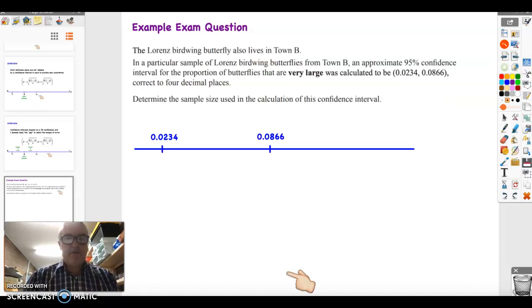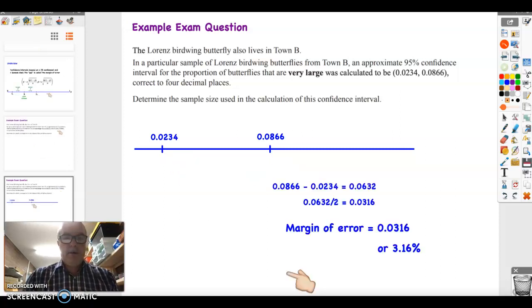I've represented that confidence interval on this number line here, our lower limit, our upper limit. If I look at the difference between those limits and halve that, that gives us the margin of error. Remember, there are two gaps between those limits and the point estimate. Those gaps are the margin of error. So we've got a margin of error of 0.0316.